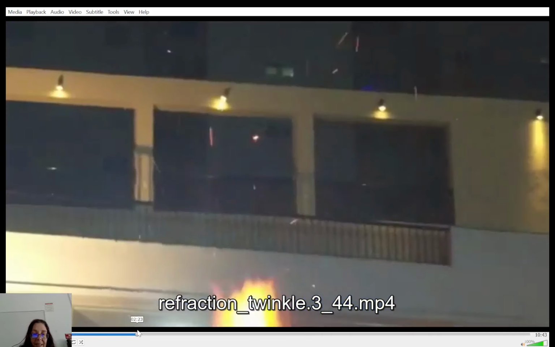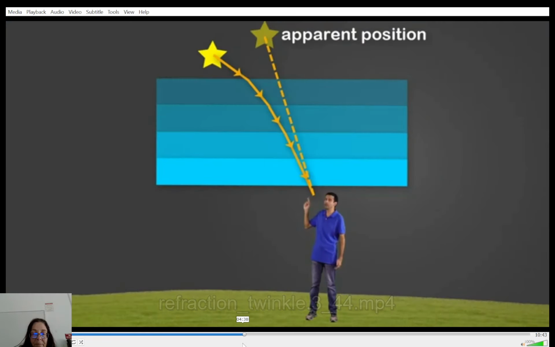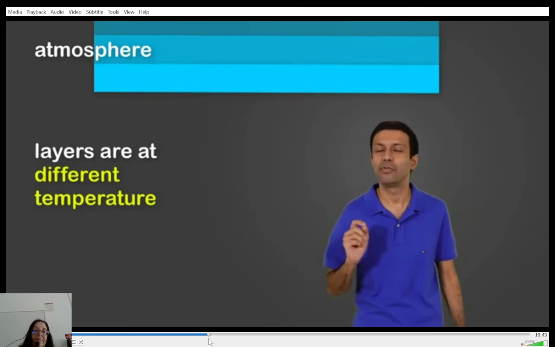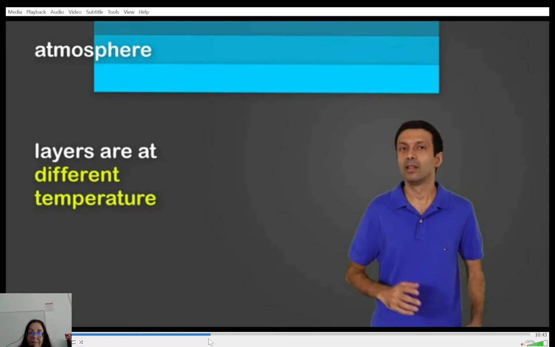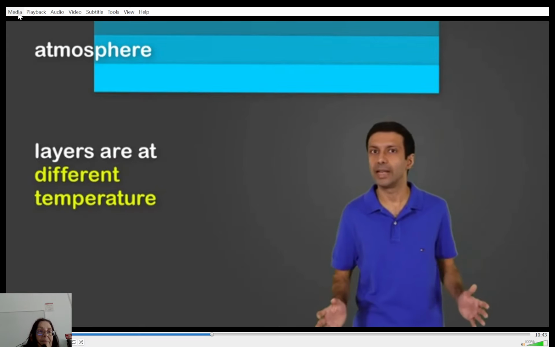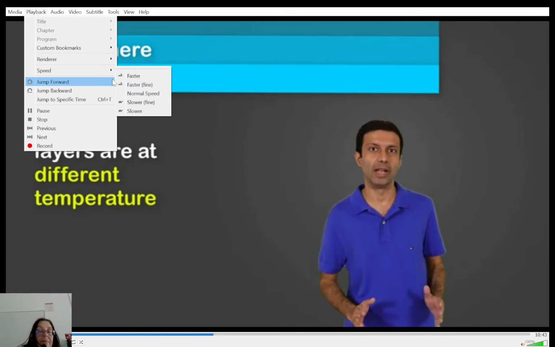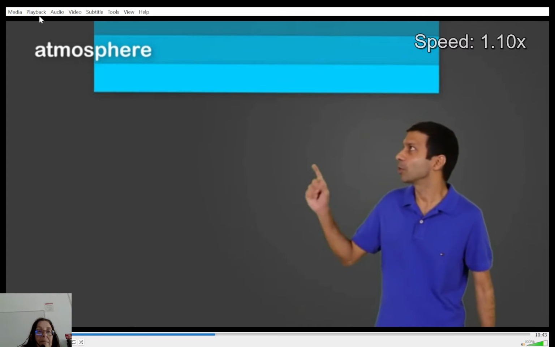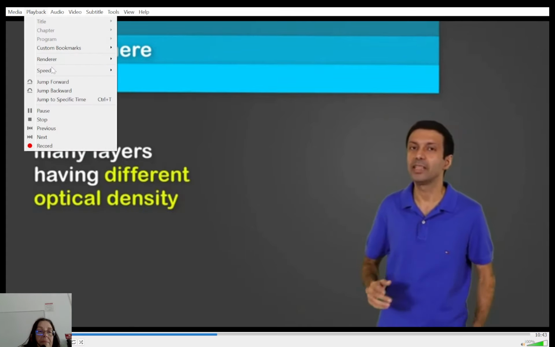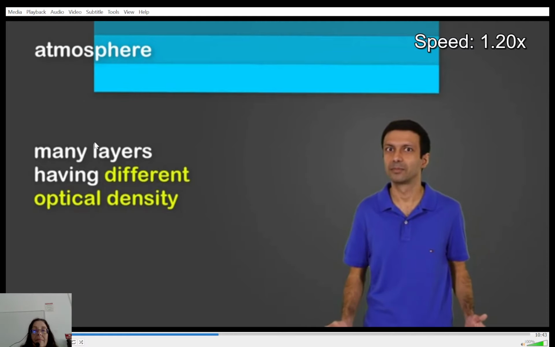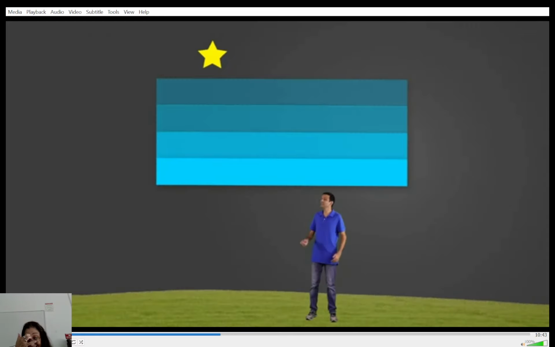The layers of the atmosphere are at different temperatures. The cooler layers are more dense compared to the warm layers. So the atmosphere is made up of many layers having different optical density. Now when we look up at the stars, the light is coming from the star.